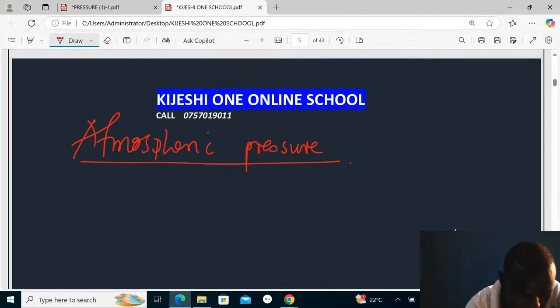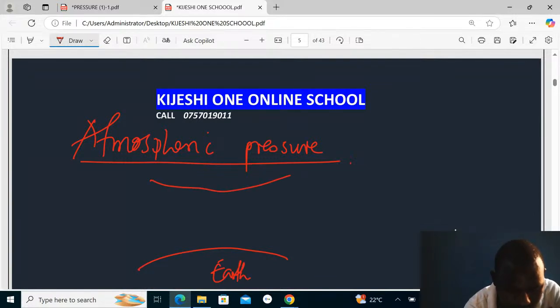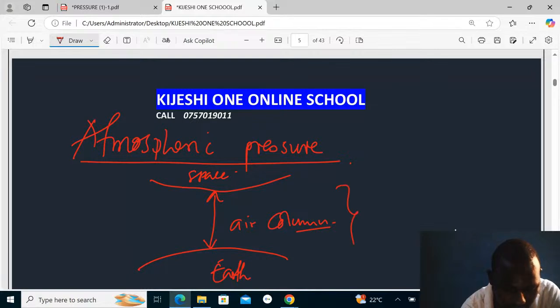Remember that here on Earth, we have what we call air column. You can say this is now the space, and this is the atmosphere.